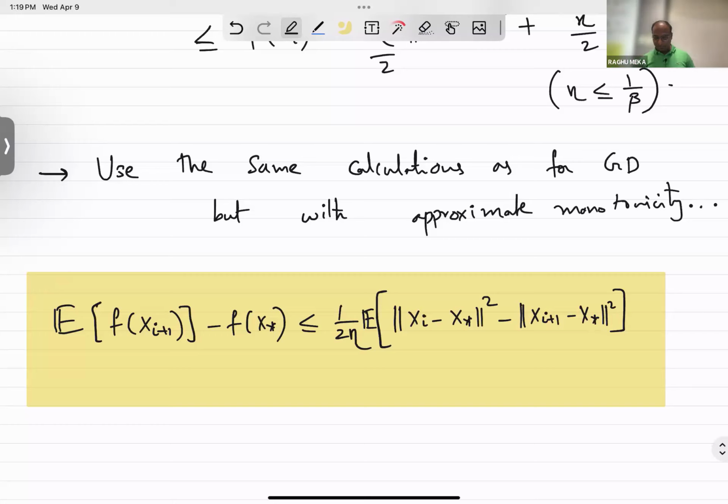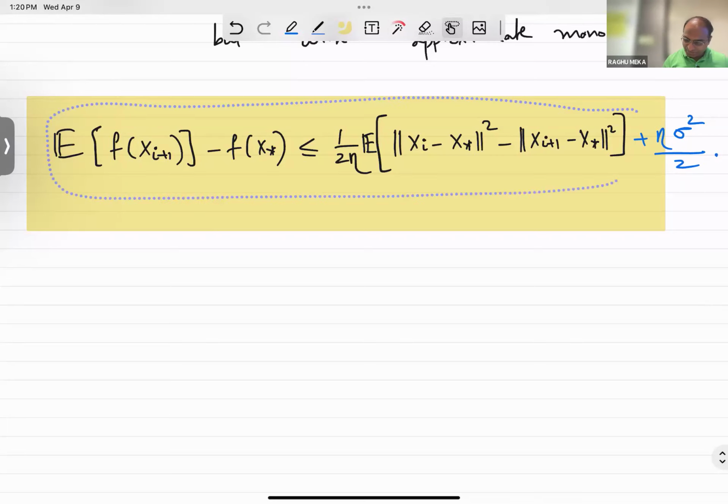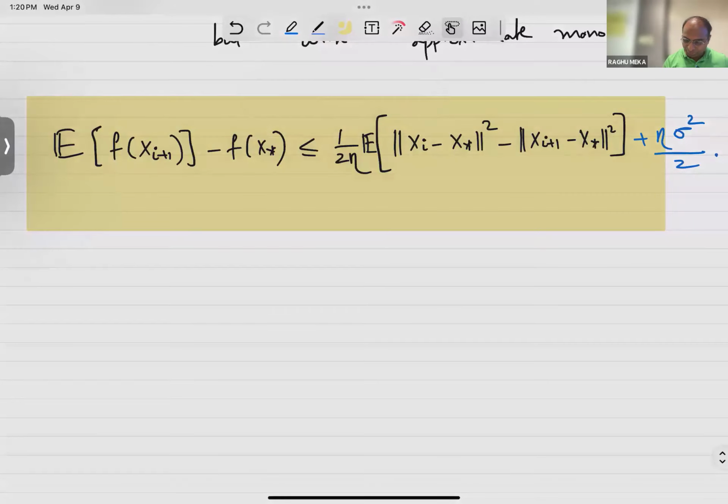But now we have expectations, and also we have this extra term. Okay, so this extra eta sigma squared is the only change from gradient descent. Okay. So what do you do with this? I'm just going to do the same thing, which is write this equation multiple times and add them all up.